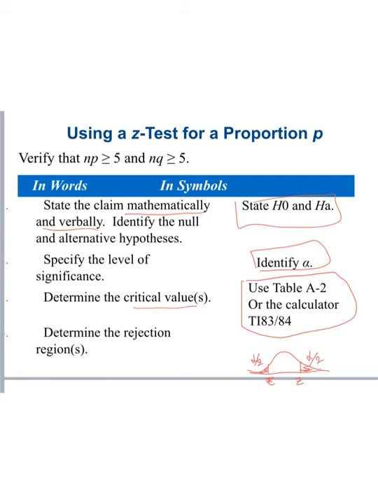We can find them using our table, or using technology, and StatCrunch works for that too. And that would be your rejection region. That alpha area is where you reject the null hypothesis.